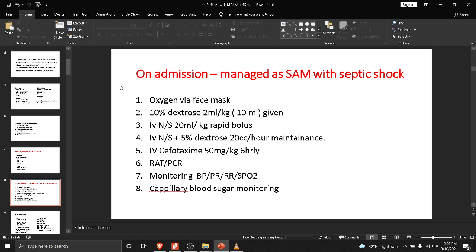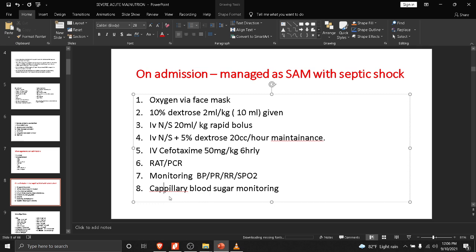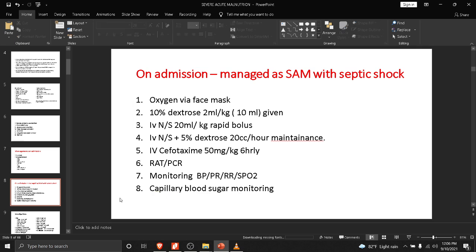Then we started maintenance with normal saline plus 5% dextrose, 20 cc per hour according to his weight. As empirical antibiotic, we started IV ceftriaxone 50 mg per kg 6 hourly, and monitoring of critical parameters was continued hourly, along with capillary blood sugar monitoring.